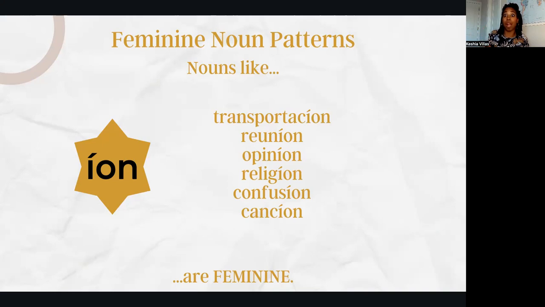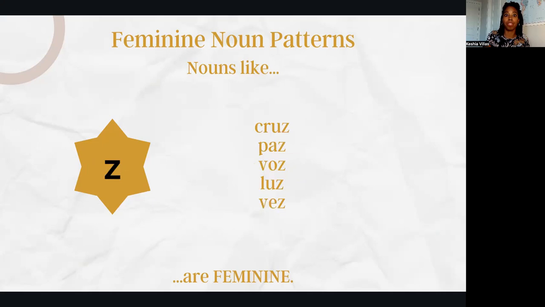Opinión looks exactly like what it means in English, opinion. It's feminine as well. Religión, religion, looks exactly the same as in English, feminine. Confusión, confusion. Canción, song. These two are feminine as well.